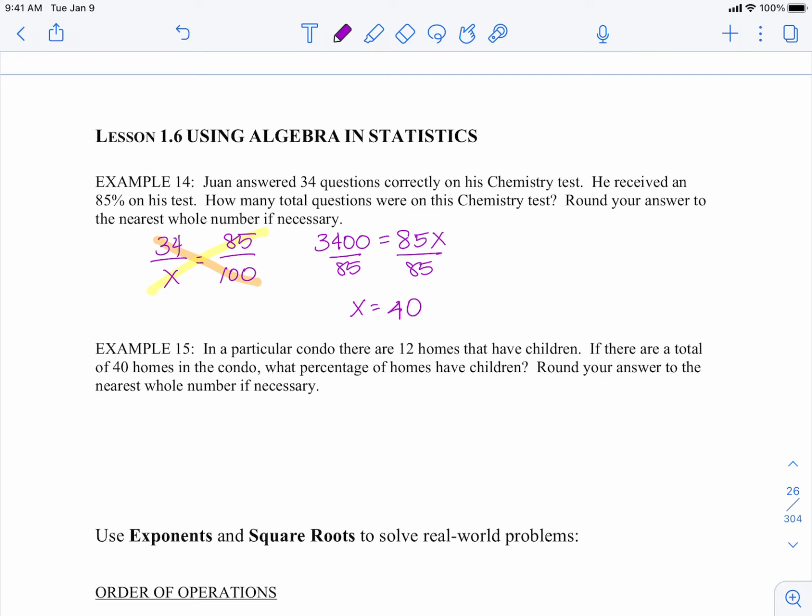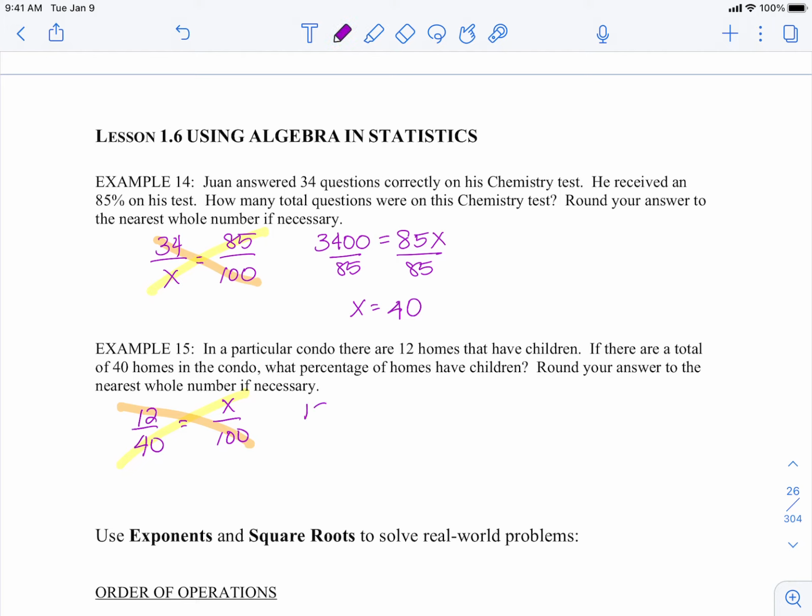Our next one, in a particular condo, there are 12 homes that have children. If there are a total of 40 homes in the condo, what percentage of homes have children? Round your answer to the nearest whole number if necessary. So 12 out of the 40 have children equals x over 100. Again, we're going to cross multiply 40 times x and 12 times 100.